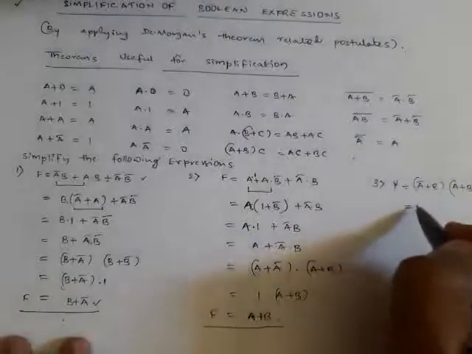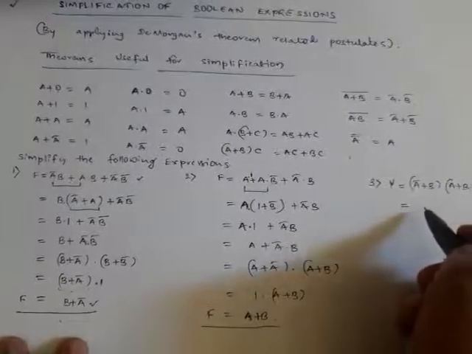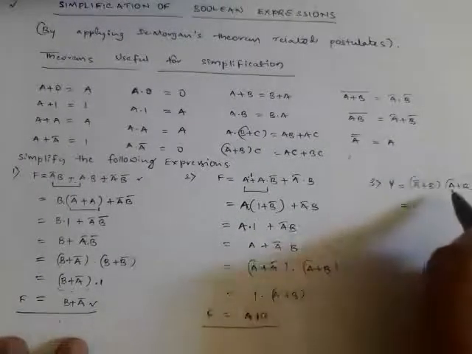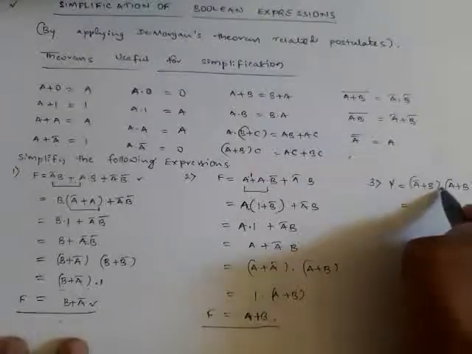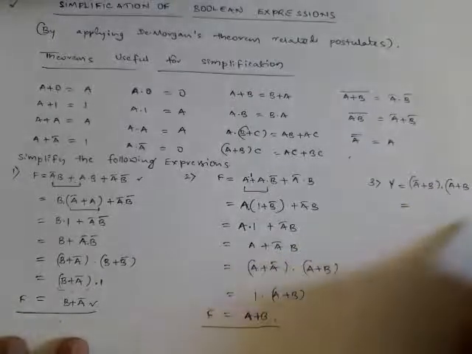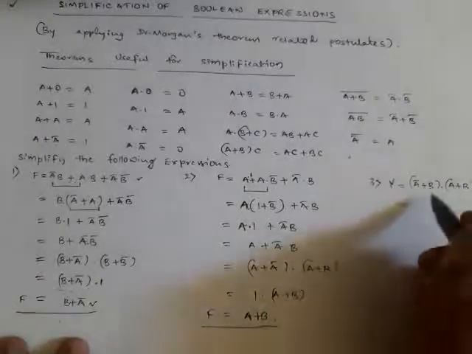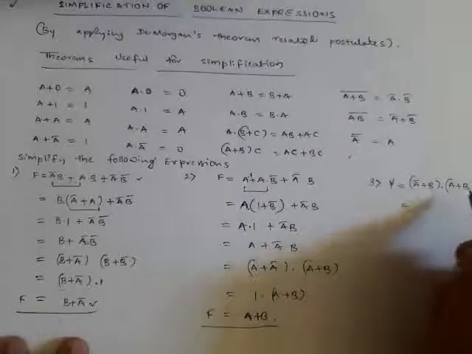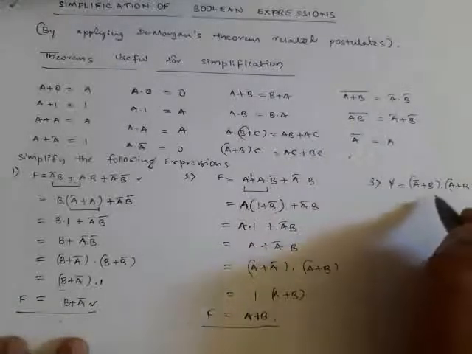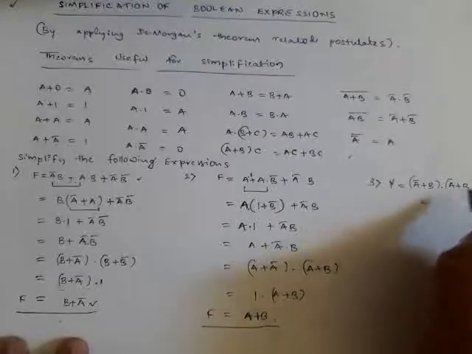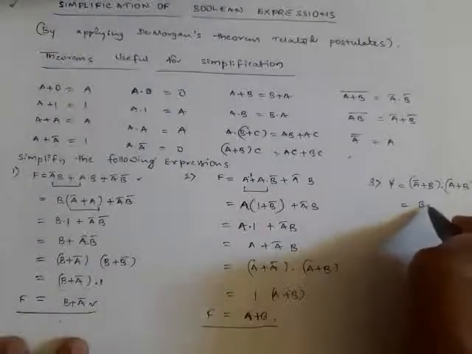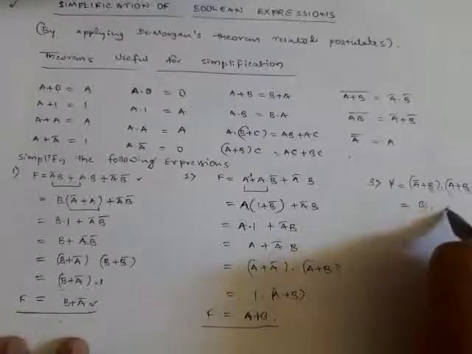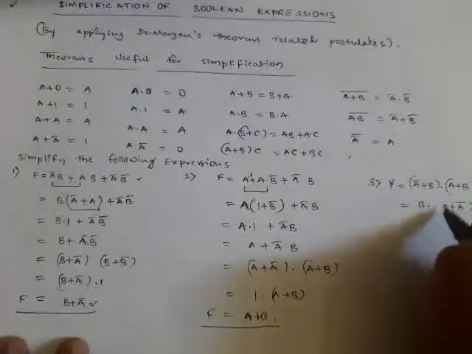And when this expression is to be simplified, you can see that there is nothing present between the two variables. You can think of it as logical multiplication or AND operation. And here you can say this is OR distributed over AND. By distributive law, it can be written as b dot (a plus a bar).